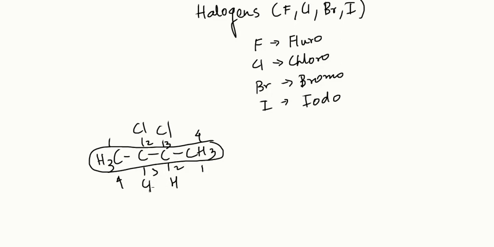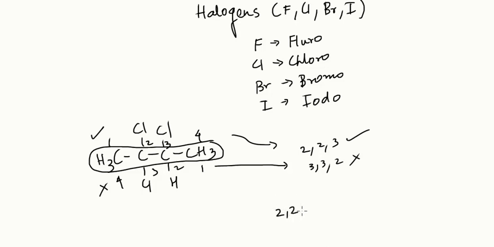So here we see that we would be giving the preference to this numbering system rather than this, because in this numbering system the chlorines are getting the numbers 2, 2 and 3, and in this numbering system it's getting 3, 3 and 2. So we would be selecting this rather than this. The name for this compound would be 2, 2, 3, and since there are 3 chlorine atoms, trichlorobutane.